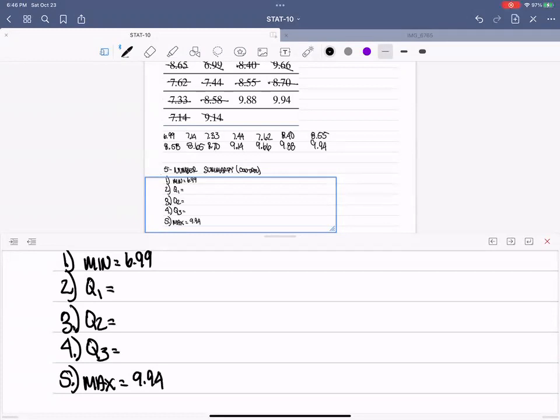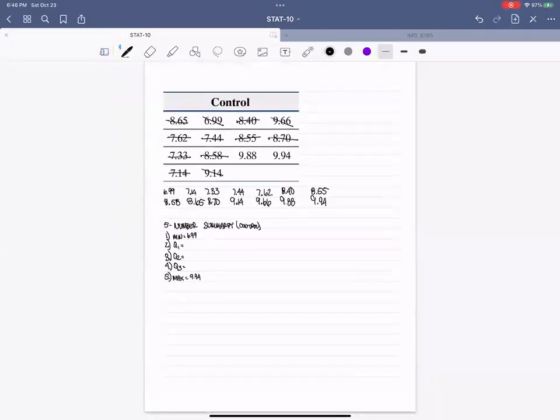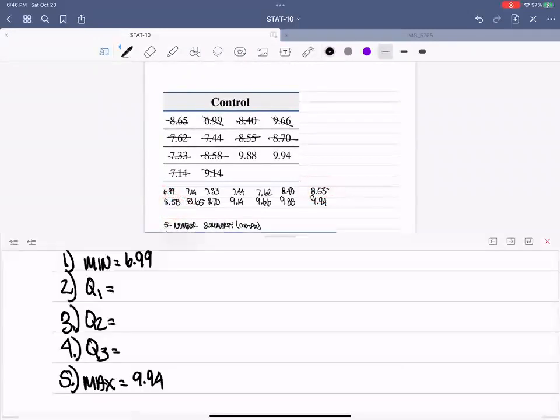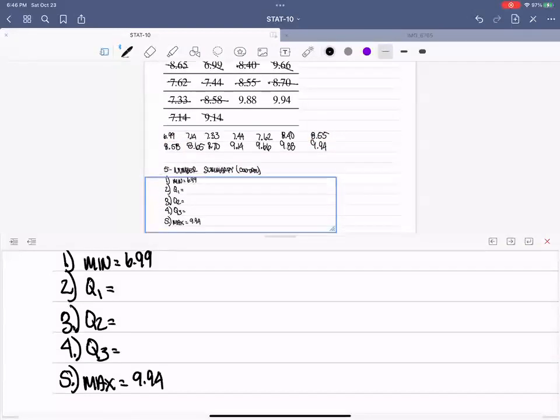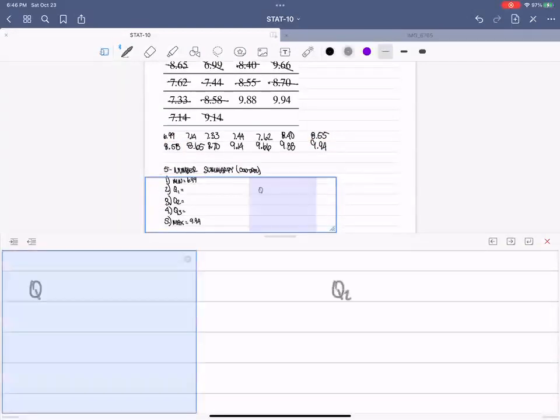So Q2 is the middle value of our data set, but because it's an even number, it's going to be the average of these 2 middle values. So again, Q2 is going to be our 2 middle values, so 8.55 plus 8.58, and we're dividing that number by 2.